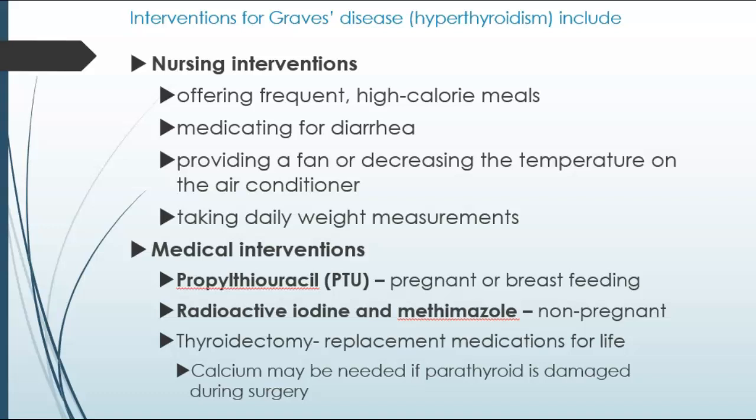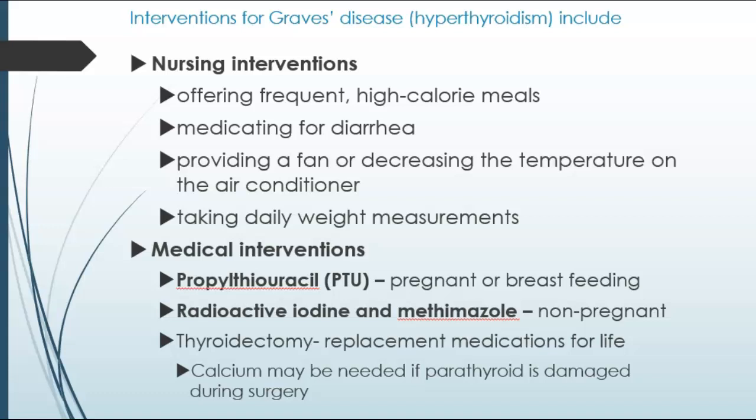Medication therapy: propylthiouracil, or PTU, is a medication that can be prescribed for women who are pregnant or breastfeeding. It's safe for that if it's absolutely necessary. The radioactive iodine and the methimazole are not appropriate for pregnant women, but men and non-pregnant women may be prescribed those.